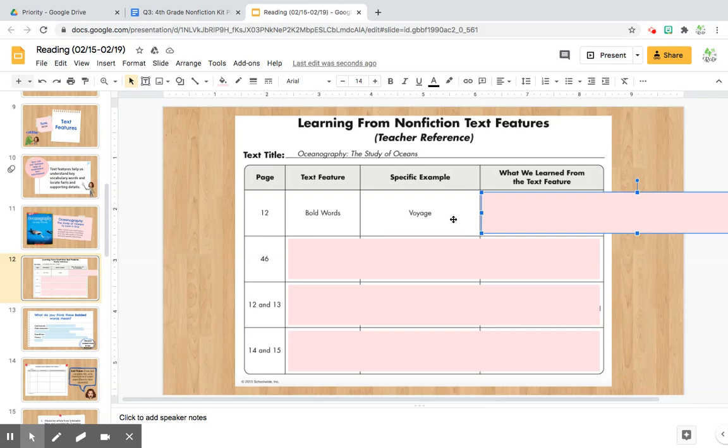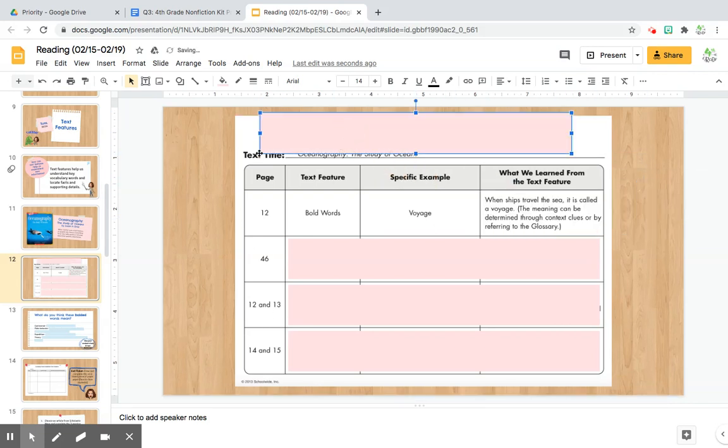Well, I know the author really wants me to understand what a voyage actually is. And since the information before the word means ships traveling the sea, I can infer that the word voyage must mean traveling the sea, right? So let's go ahead and record this here, and you have this page in your white binder. Please make sure you record this in your binders as we're going through.